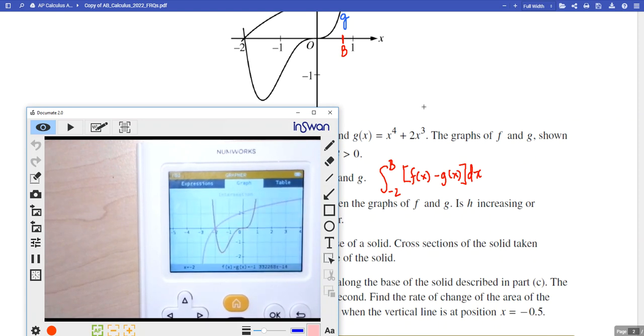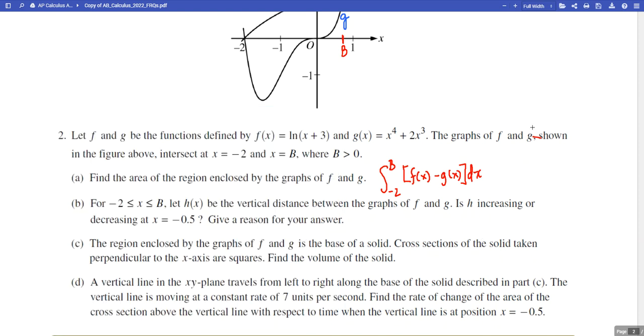I'm going to calculate the first intersection, which is at -2, and the second intersection seems to be at 0.7819. So we'll write that information down: b is equal to 0.7819. Okay, so now we want the integral of f of x minus g of x.